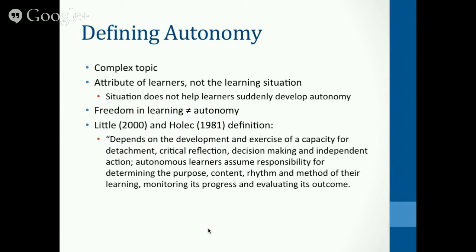If they didn't have the skills or the strategies beforehand, they wouldn't know what to do. The situation doesn't necessarily make the learner magically autonomous. They haven't yet taken control of their learning.